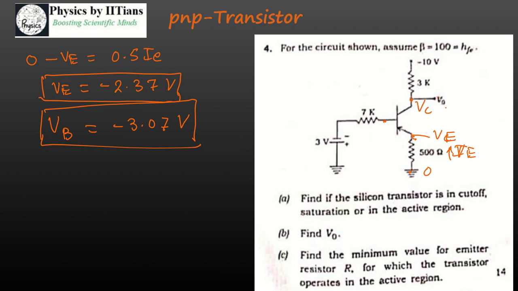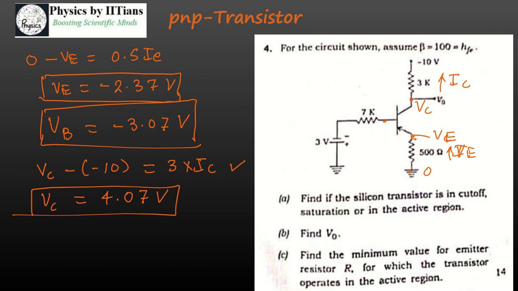We have to find the VC voltage also. That can also be found because we know the collector current is going upward, that is IC. So we can write that the voltage difference VC minus 10 should be equal to the collector resistance times the collector current. IC is known to us, so we can find VC directly from here. If we solve this equation, we will get VC to be 4.07 volts.